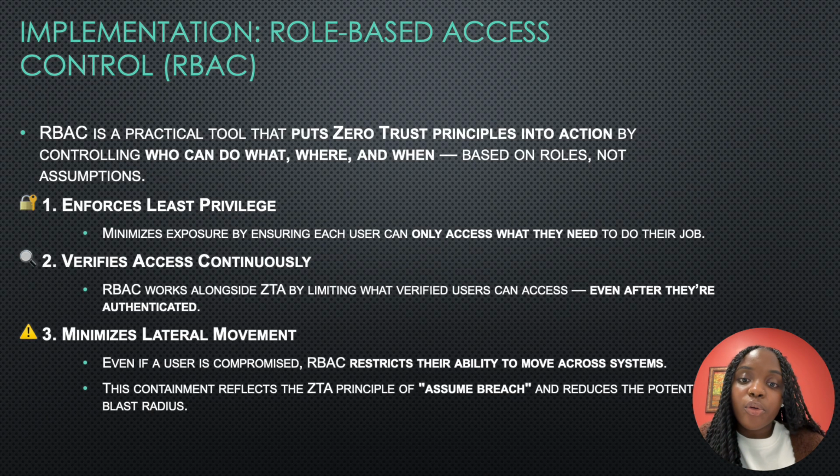Okay, I'm gonna go over how role-based access control works using the 3 core principles of zero trust. The first one is it enforces least privilege. This minimizes the exposure by ensuring each user only has access to what they need to do their jobs. So HR only needs HR stuff. Marketing only needs marketing stuff. Nothing more, nothing less. It verifies access continuously.